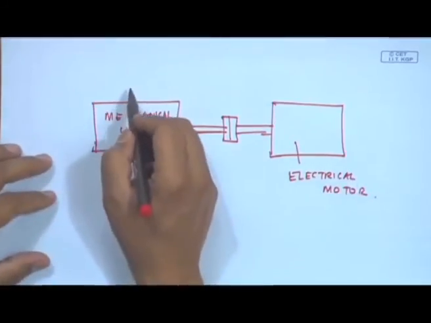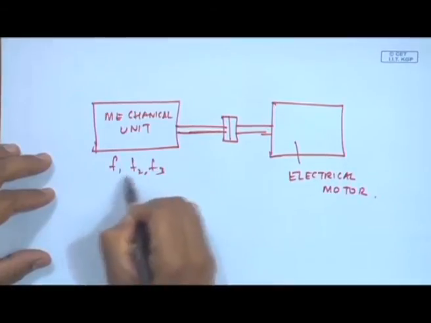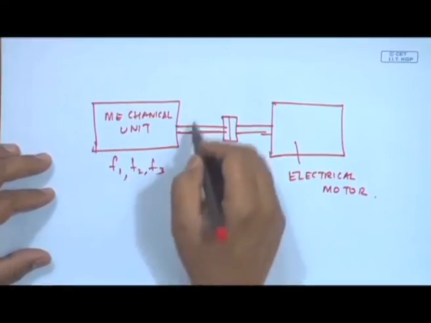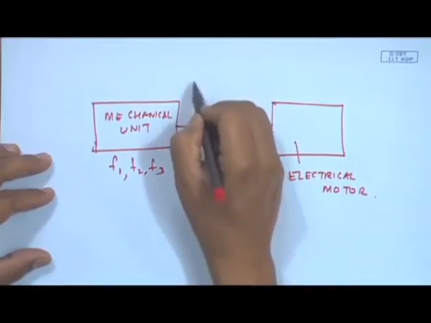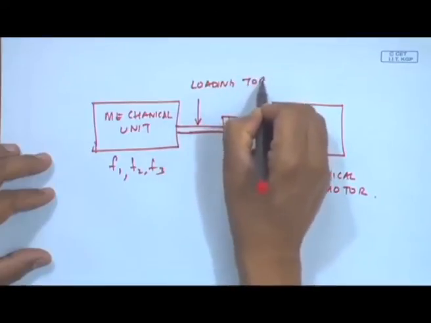If this mechanical unit has defects f1, f2, f3, anything, they are basically going to produce a loading torque.